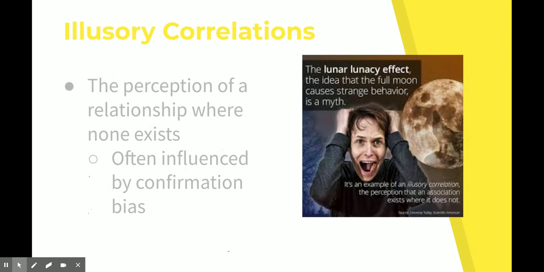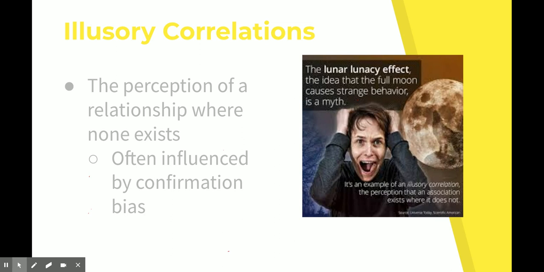The other thing to be aware of, this will be our last slide about correlations before we move on to experiments, is something called an illusory correlation. This is the perception of a relationship where none exists. For example, the lunar lunacy effect is this idea that during a full moon, people act really strangely. But in fact, that's an illusory correlation.